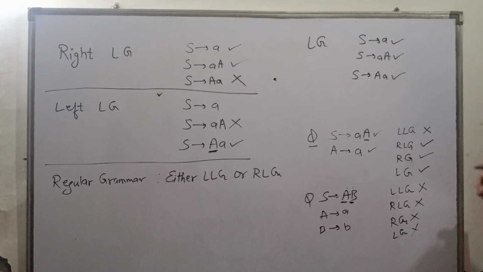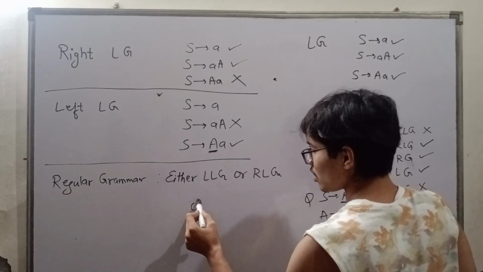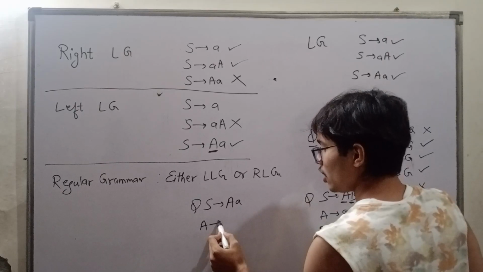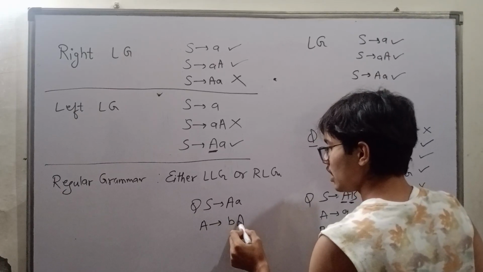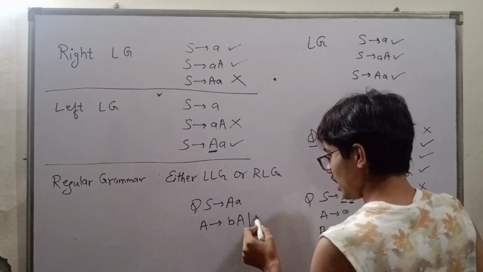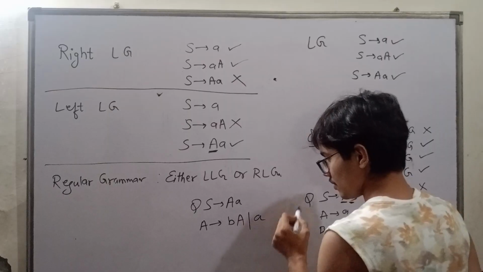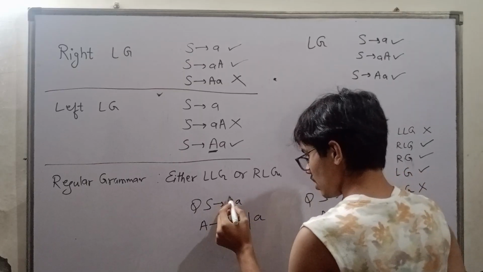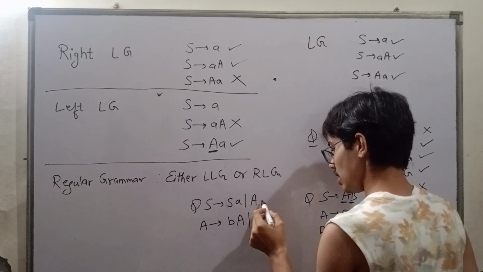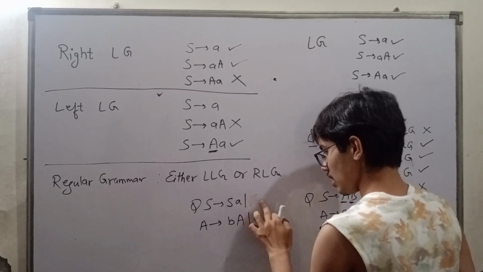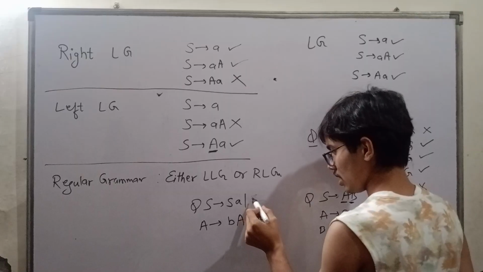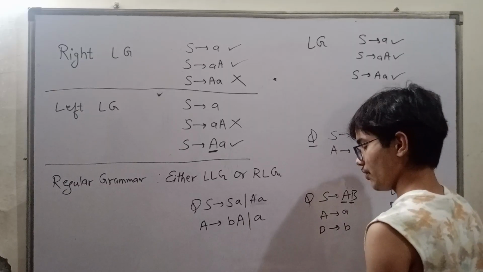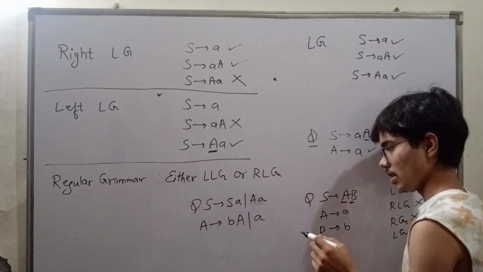Okay. You can also make a question like this, S to A, A to B, B to A. Okay, so here also you can see this.